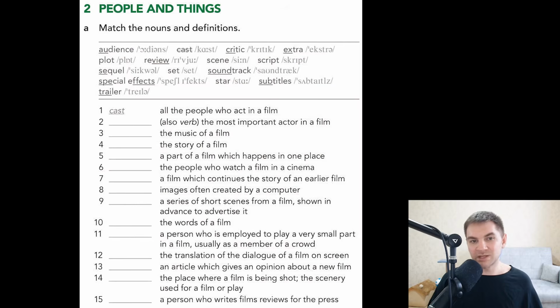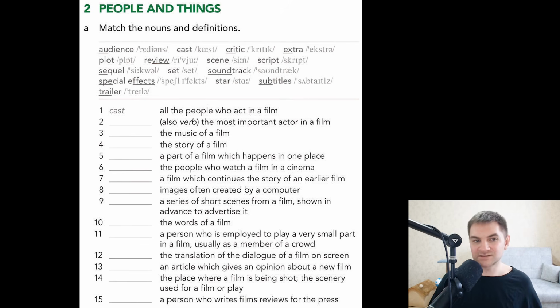Exercise 2. People and things in cinema. Okay, this one is about people and things in the cinema world. So, here you have a list of film-related nouns, words like cast, audience, critic, and then you have definitions next to it. For example, all the people who act in a film. Your task is to match each word from 1 to 15 to the correct definition.